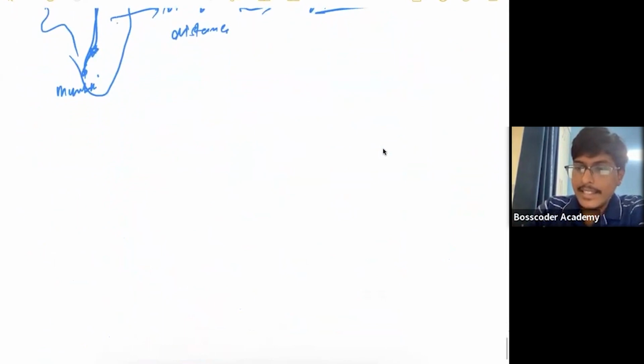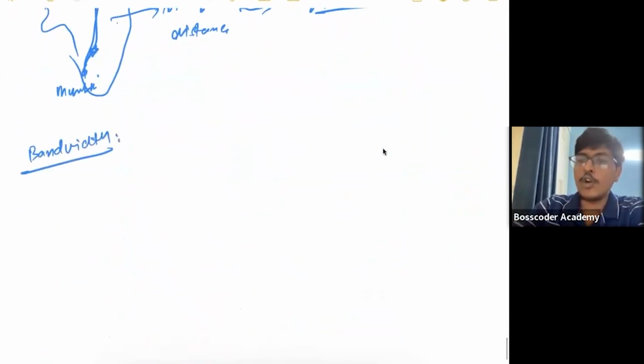The second part of this puzzle is bandwidth. What do I mean by bandwidth? Let's say the total number of users is 500 million.